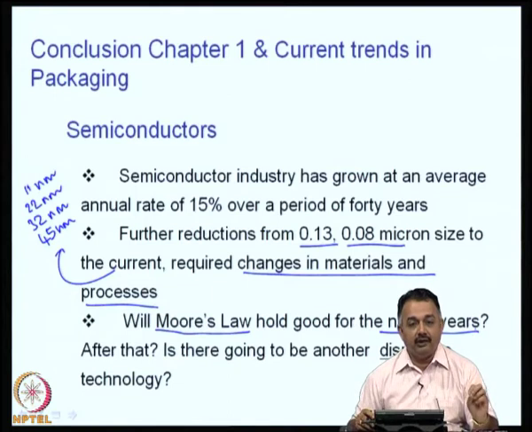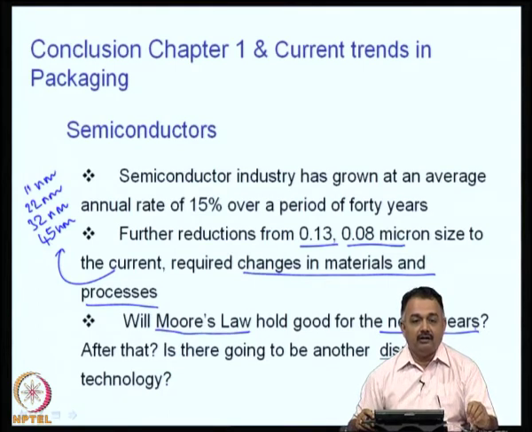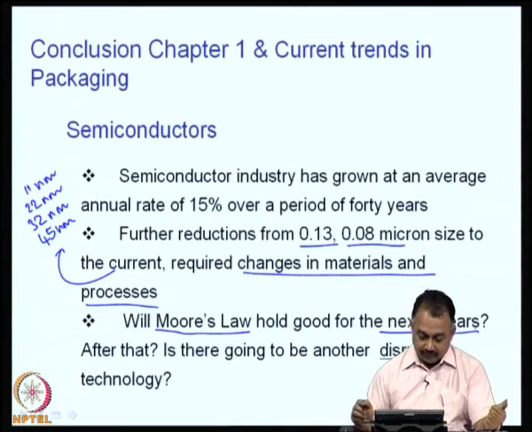If there is going to be a disruption in technology, or if there is going to be a limitation posed by the photolithography or imaging technique, which I think is a major bottleneck in the semiconductor industry, then the Moore's law might not hold good, in the sense that the doubling of transistors might exceed 24 months, but we are going to witness a lot of technological changes.